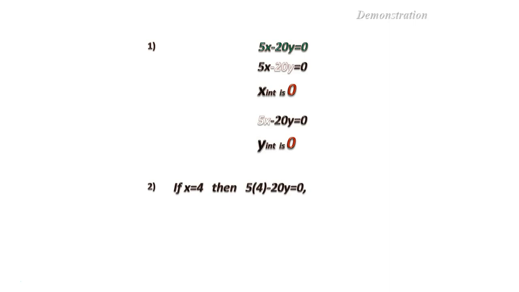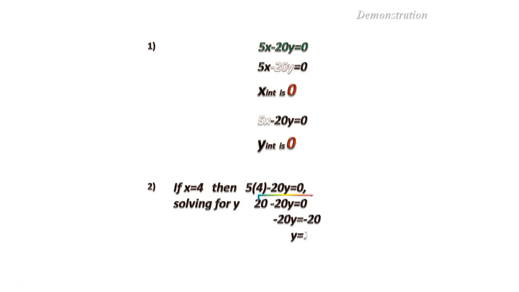Then 5 times 4, because I replace x by 4, and negative 20y equals 0. Now I have to solve for y. 5 times 4 is 20. Negative 20y equals 0. I have to move 20 from the left to the right.